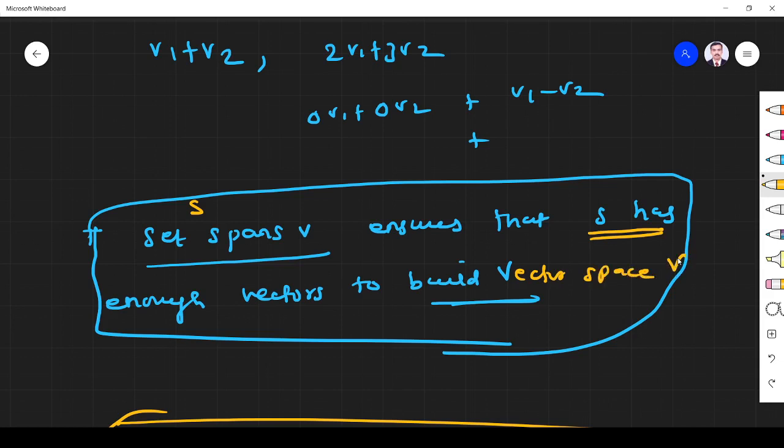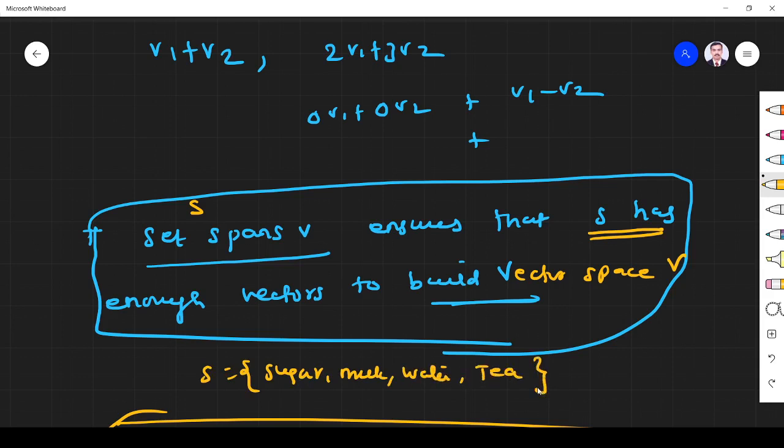See, for example, if we have sugar, milk, water, right? So for example, the set may be sugar, milk, water, and tea powder.